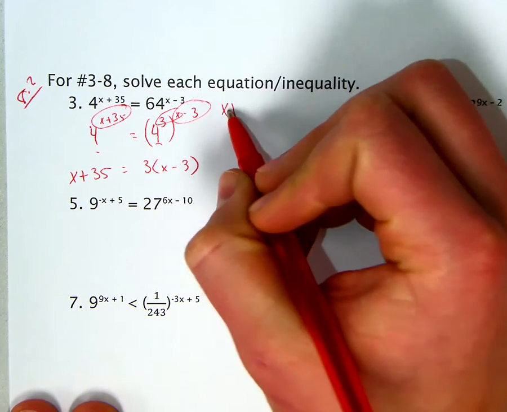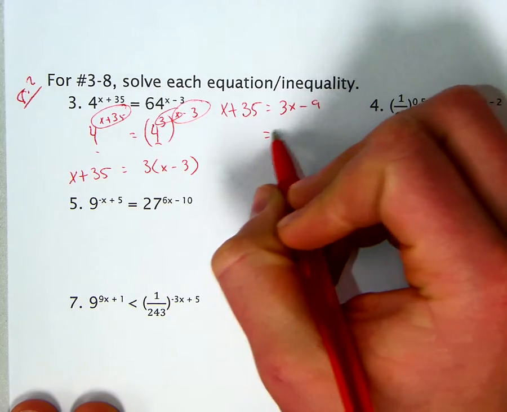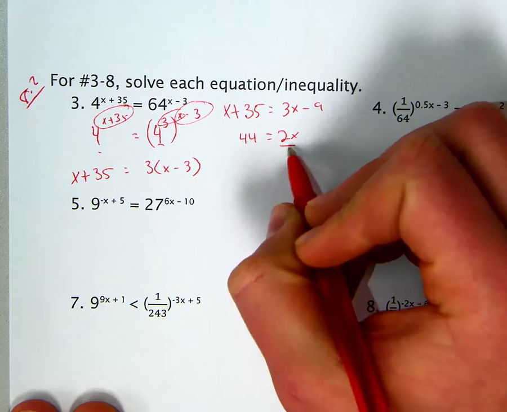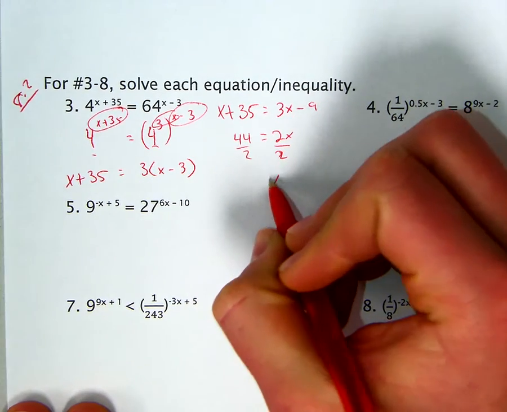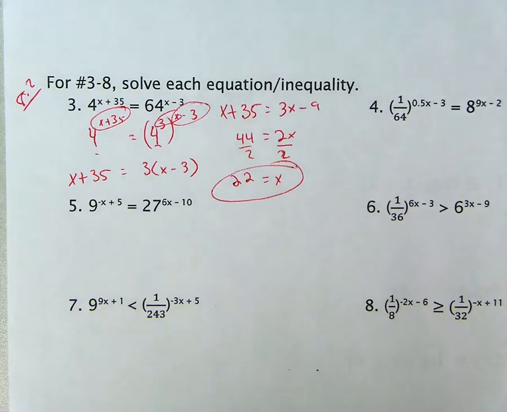I'm going to show the work right here. We have x plus 35 equals 3x minus 9, which equals 2x. And on this side, you get 44 divided by 2, and x equals 22. Make sure that works. Yeah, 44, yep, divided by 2, 22. Yep. Okay, so that's what you're going to have to do.